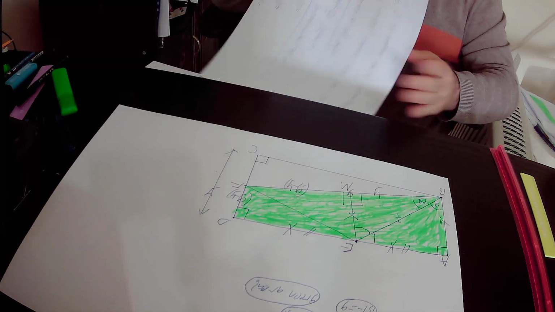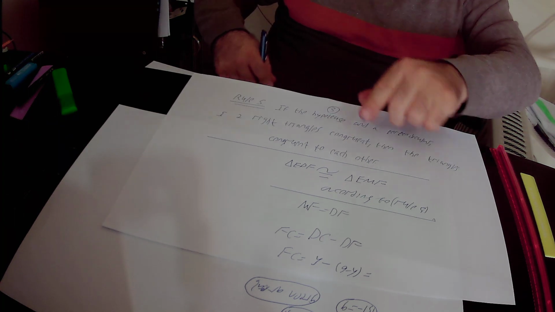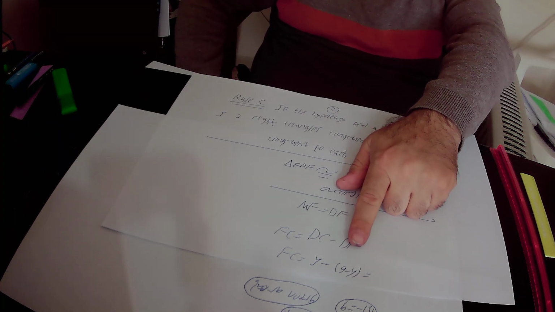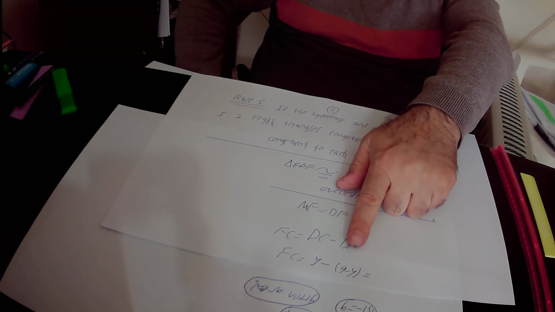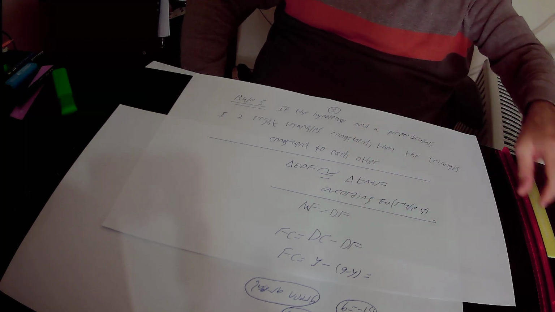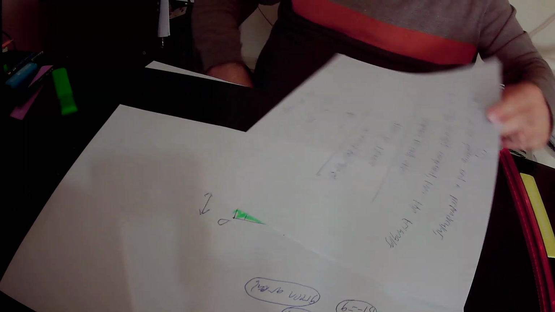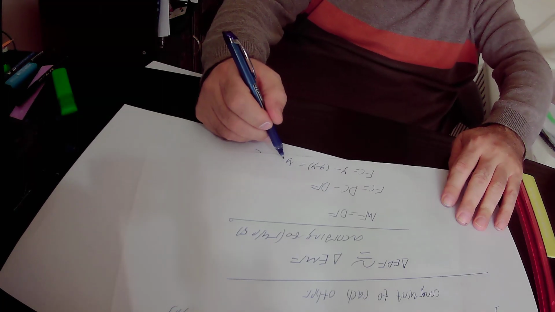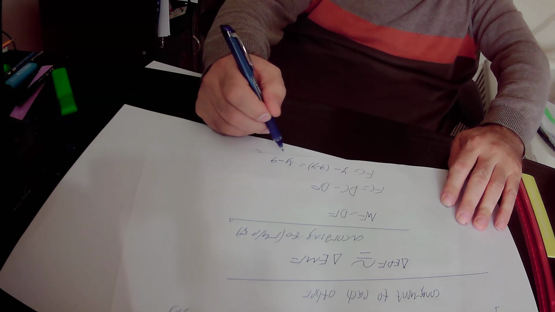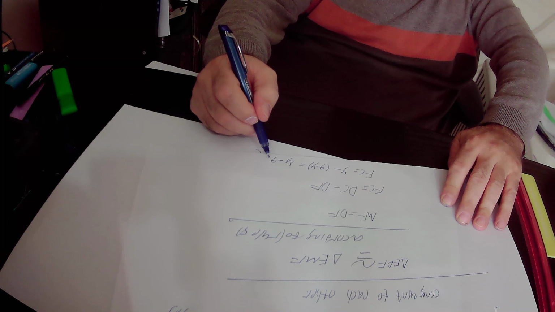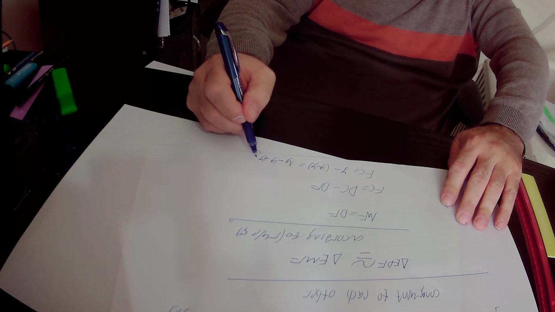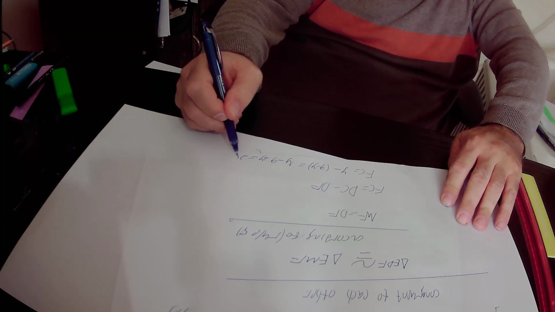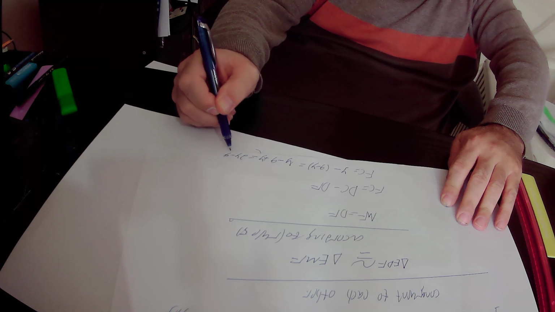So we found out that FC equals y minus (9 minus y). We open the brackets here and we get that FC equals y minus 9 plus y, so it equals 2y minus 9.